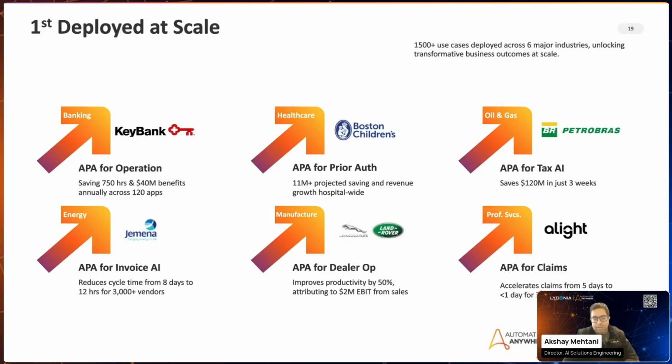And these are just some examples across different industries. We have actually deployed more than 1,500 use cases across these different industries and been able to unlock transformative business outcomes at scale for all these different customers.